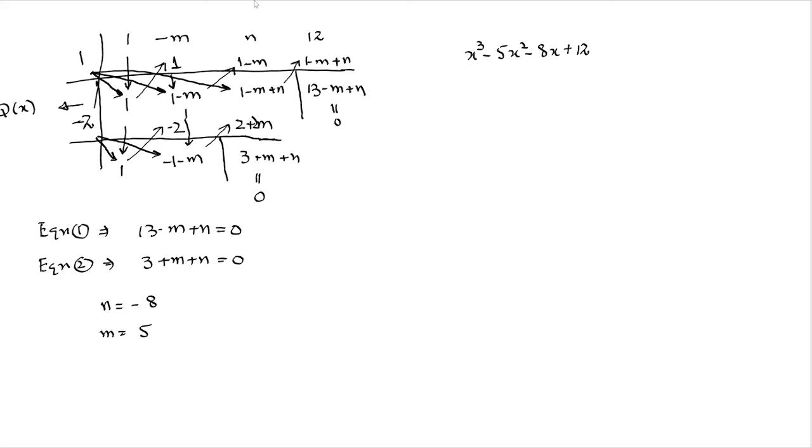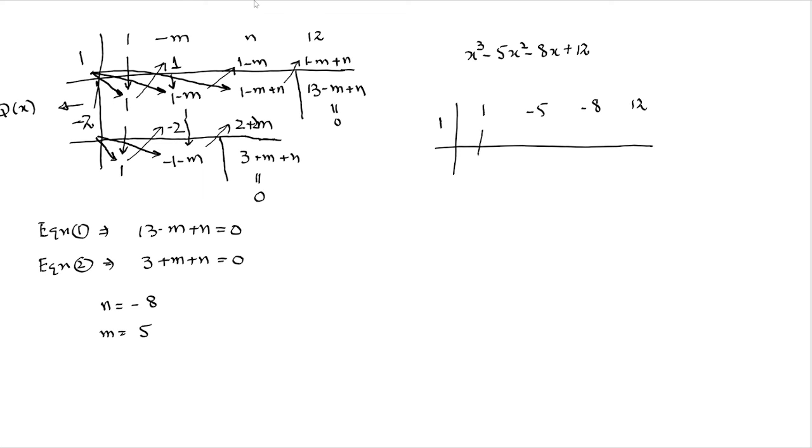Now you can verify if the answers we have found are valid or not. So we will take the coefficient of x cube, which is 1, coefficient of x square, which is minus 5, coefficient of x, which is minus 8, and the constant term 12. We will divide it by 1.